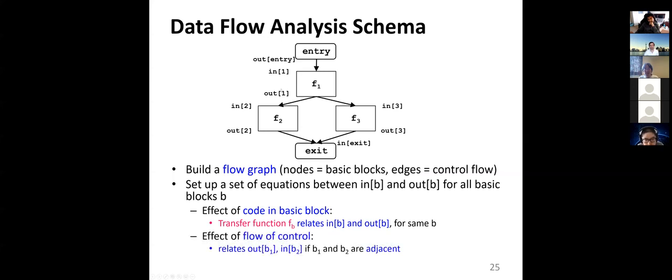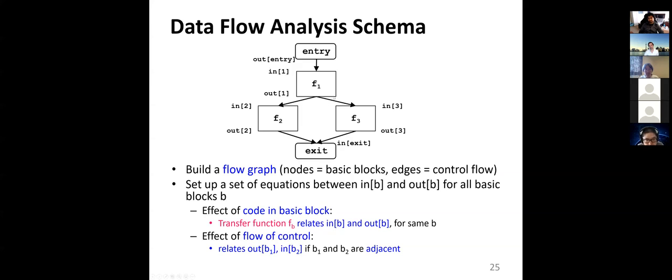For each node, you're going to get an equation where output equals some manipulation of input and transfer function. Or if there's a backward analysis, it can be the other way around: input equals something from the output. So there are very simple transformations here.